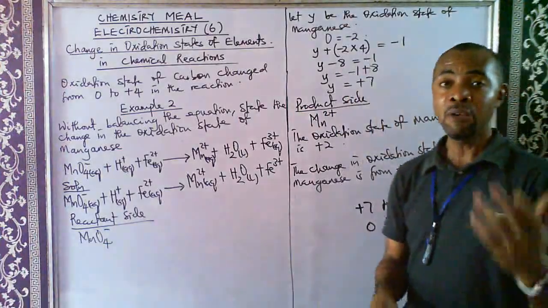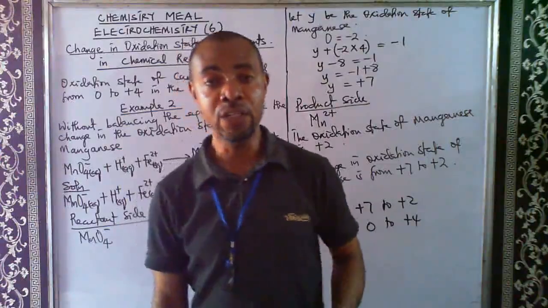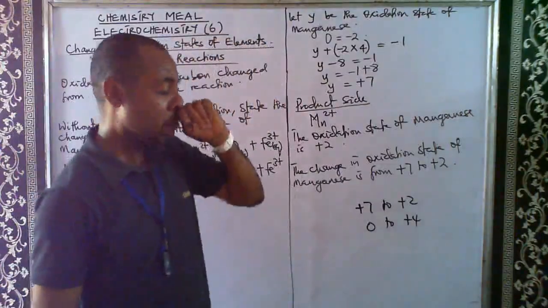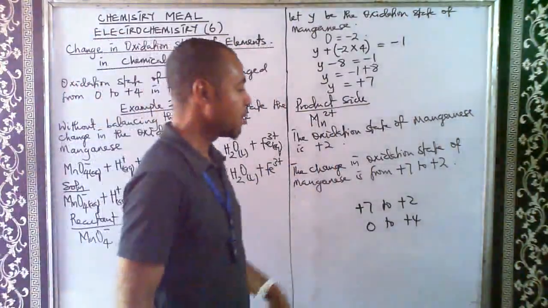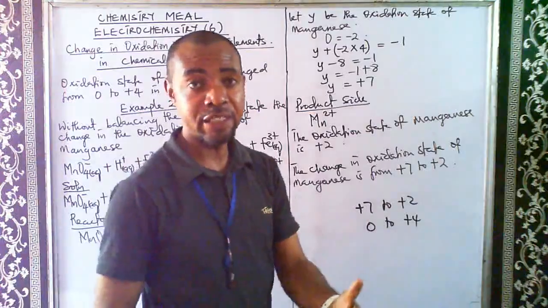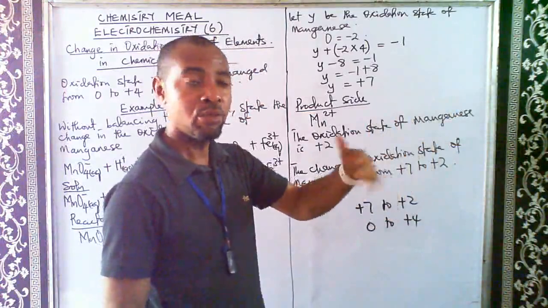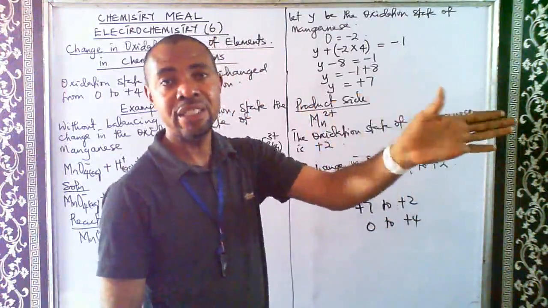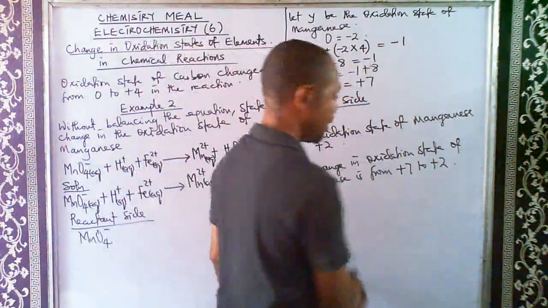And that will be one of the videos that we are going to see in the study of electrochemistry. So make sure that you follow us until we get there, because most times in external examinations they used to ask this question: which of these substances is the reducing agent? Which substance is acting as the reducing agent in this reaction? So we are going to meet that.